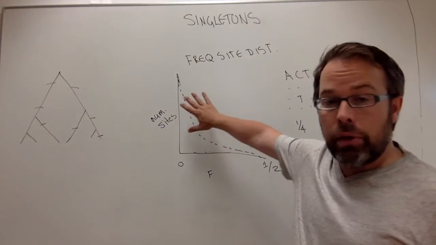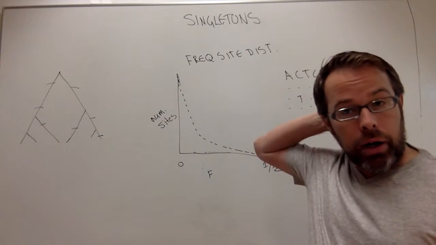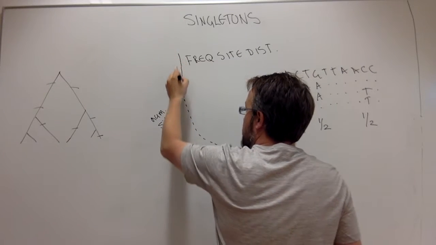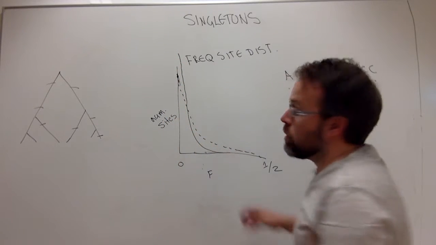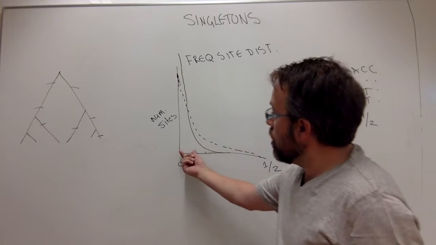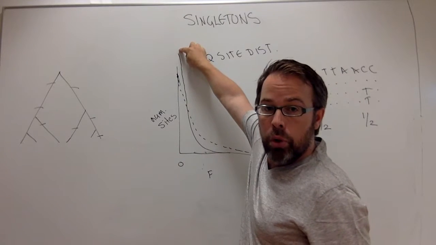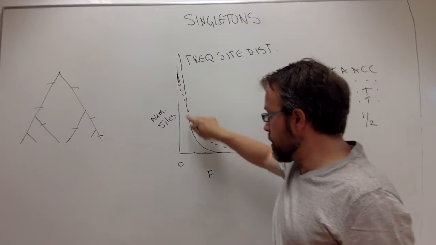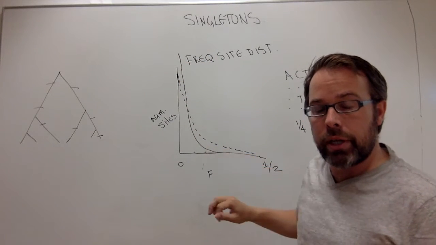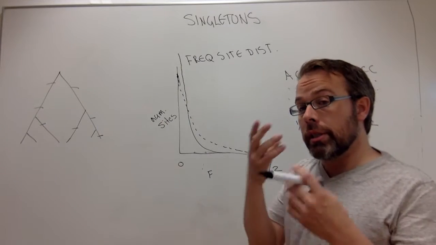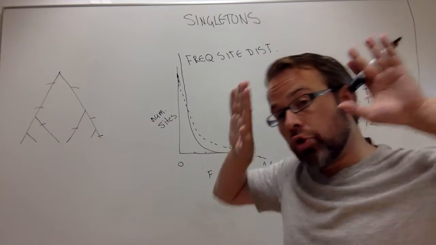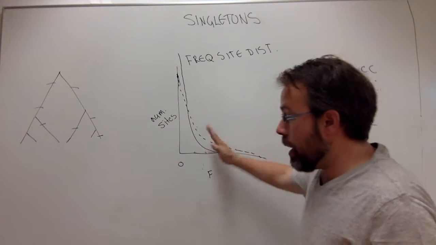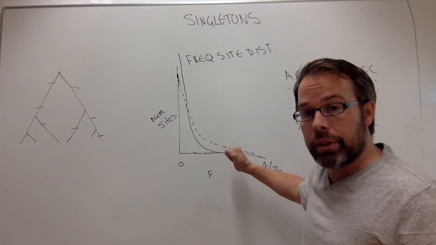Okay, so if this is the theoretical distribution, then we can look at our real distribution. And if we see something like this, notice that our real distribution has more low frequency mutations than we'd expect, and fewer high frequency mutations than we'd expect. So this is exactly as we'd expect if selection is driving these things out of the population, keeping them at low frequency, not allowing them to get to high frequency.